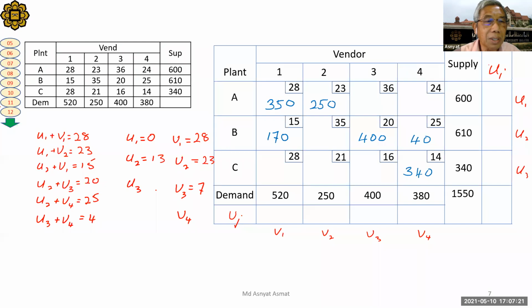Can we get V4? You know U2, V4. 14 minus... Anybody there? Is it right?